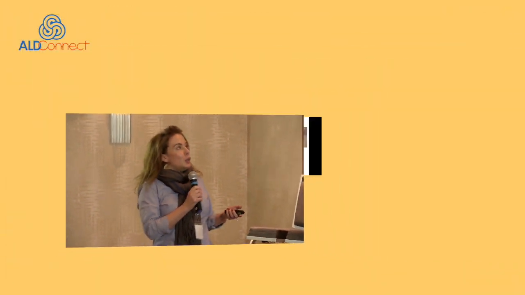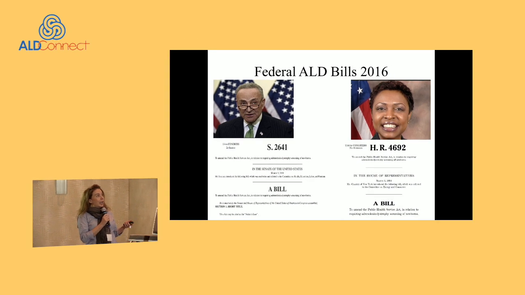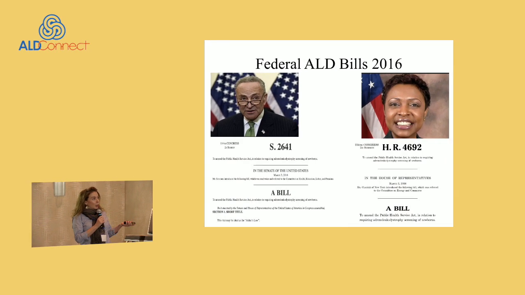Back in 2015, I started to research a federal mandate. So instead of going state by state, once it's been added to the RUSP, which it has, the federal government could give a mandate to the states, so we don't have to go through this process 50 different times. During Rare Disease Week of 2016, I was able to have 2 federal bills introduced, by Senator Schumer and Congresswoman Clark in the House.